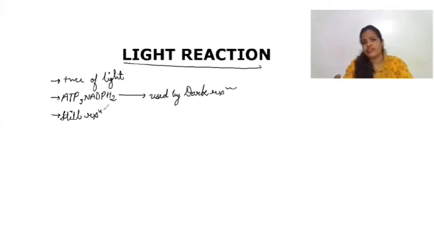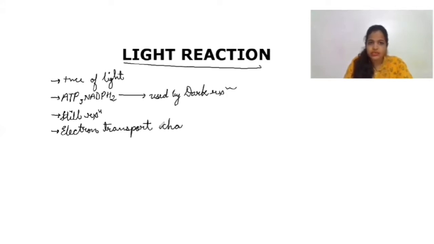Everything is about the electron, from where it is going to where. So another name is electron transport. Once the basic is clear, it is a very simple topic, electron transport chain. So remember, these are the two names of the light reaction. Why these names are given? It is clear. Now, it occurs in presence of light, as I told you.